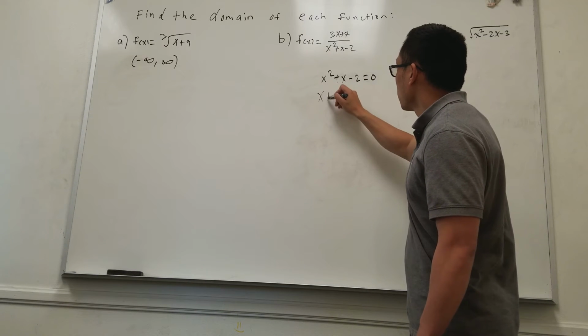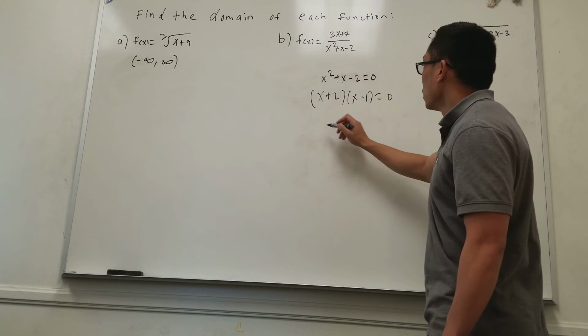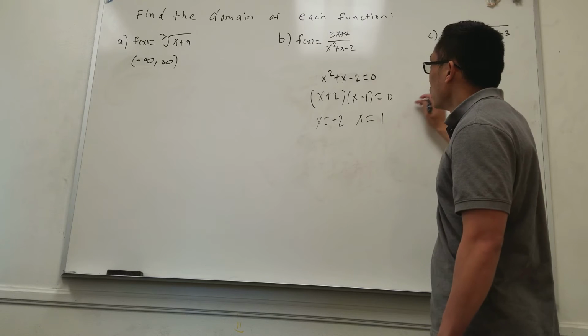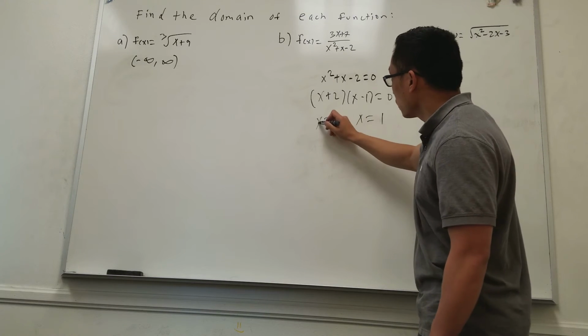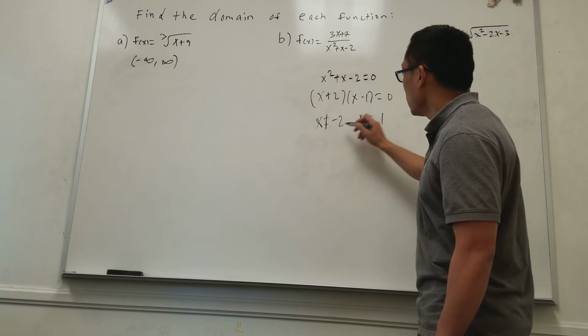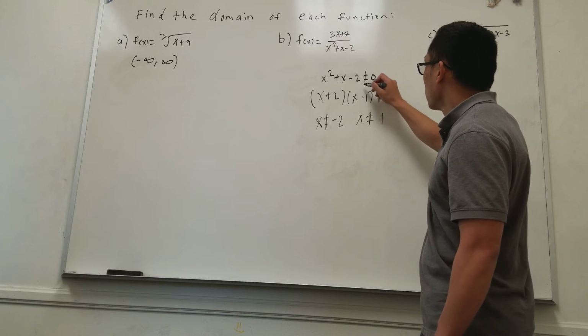So this is going to be x plus 2, x minus 1 equals 0. There's going to be x equals negative 2 and x equals 1. So if I have these numbers, I'm going to get 0 on the bottom, okay? So what I'm going to write is it cannot equal negative 2, it cannot equal 1, okay?